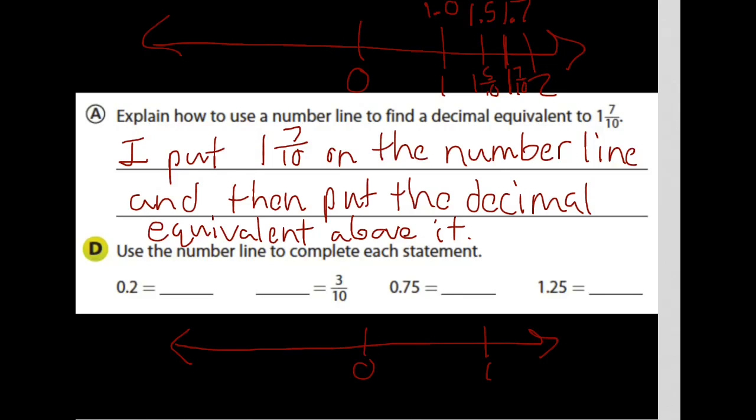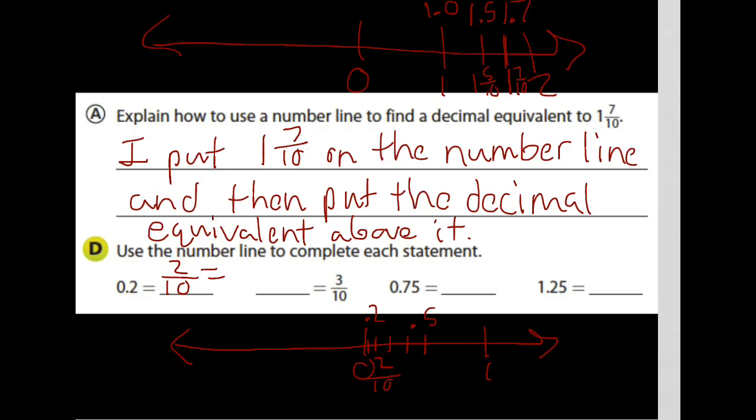So if I think of 5/10, I go back to 4/10, 3/10, 2/10, 1/10, I can put decimal 0.2 or 2/10. So then if I write below it 2/10, 2/10 is equal to 2/10.